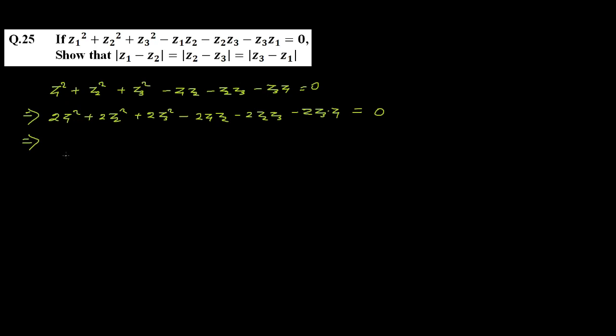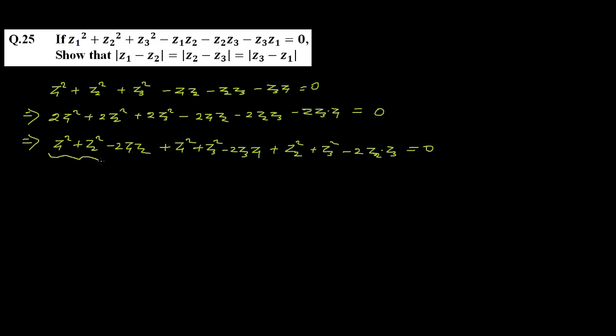Again we can segregate and rewrite 2z1² as z1² + z1², 2z2² as z2² + z2², and 2z3² as z3² + z3². Then we have −2z1 z2, −2z2 z3 and −2z3 z1, that is equal to 0.